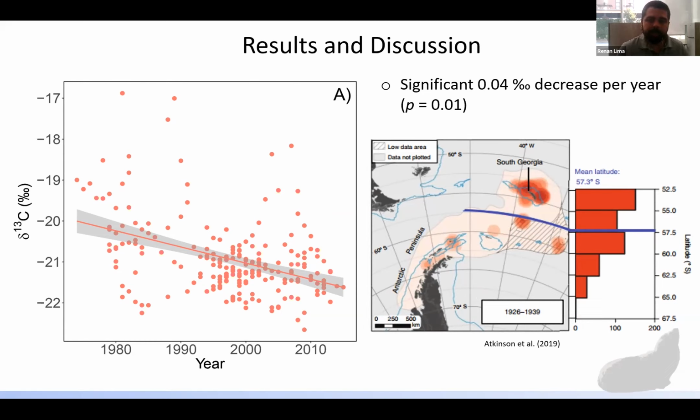And there is no indication of a significant decline in phytoplankton biomass, considering the wide area that has been used by male Antarctic fur seals, which could be one possibility to explain this trend.